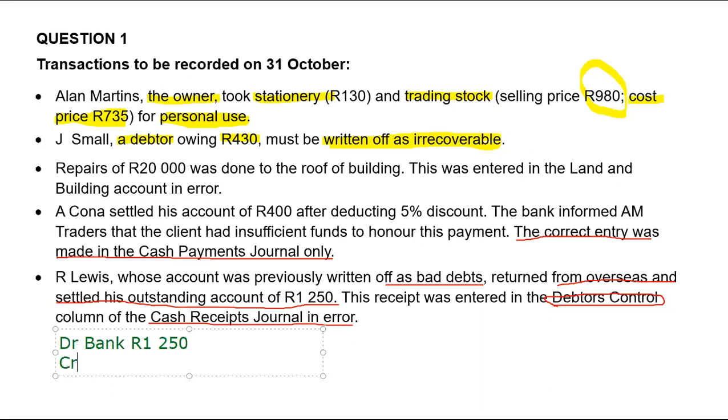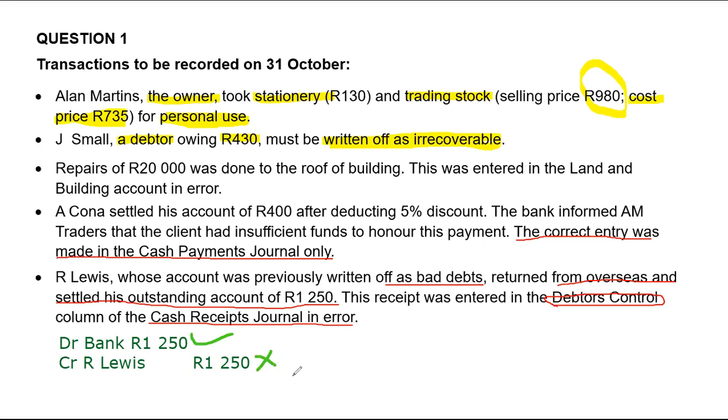But now you credit R. Lewis by the same amount, which is 1,250. Now, in these two transactions here, this one is correct. But that one is wrong because this debtor does not exist anymore.